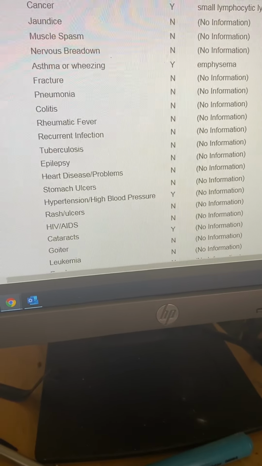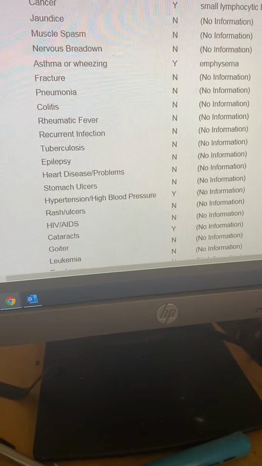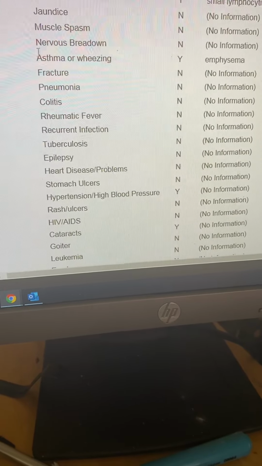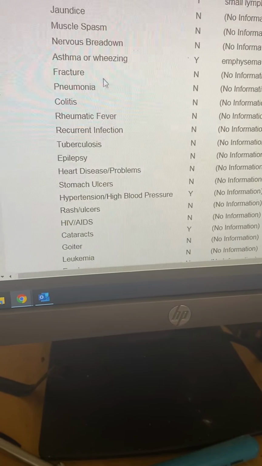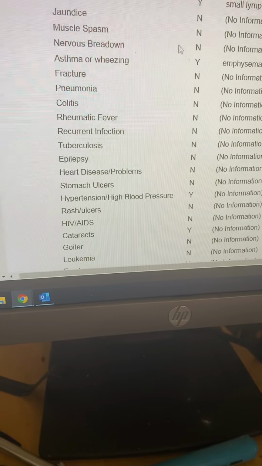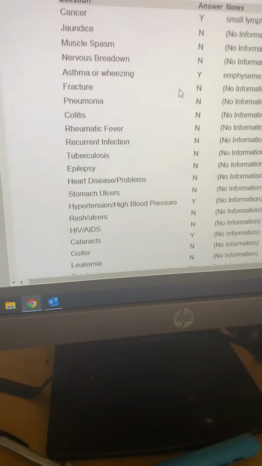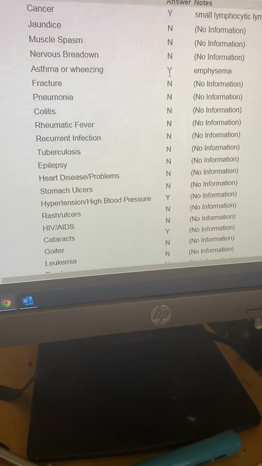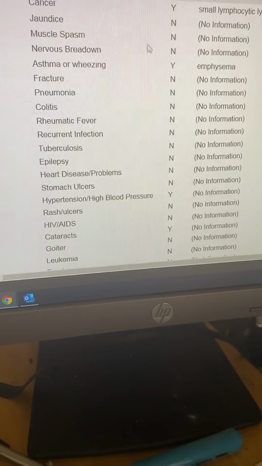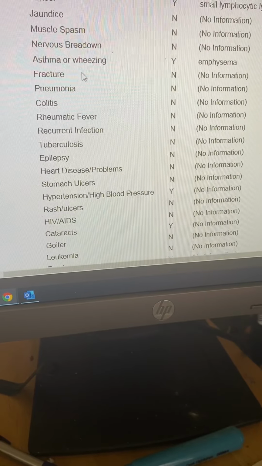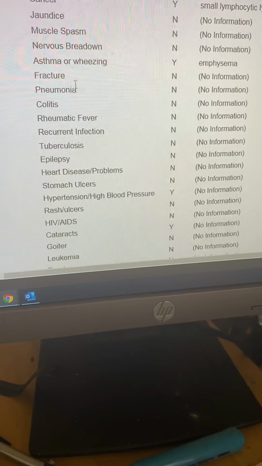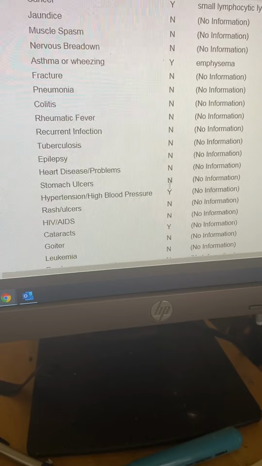Okay. So for the list, fracture. They do not have fracture. And again, it says answer yes or no. It's probably telling me yes or no this person has or does not have these things. If it has a no, I didn't need to worry about coding anyway. So this patient does have asthma, no fractures, nothing else.